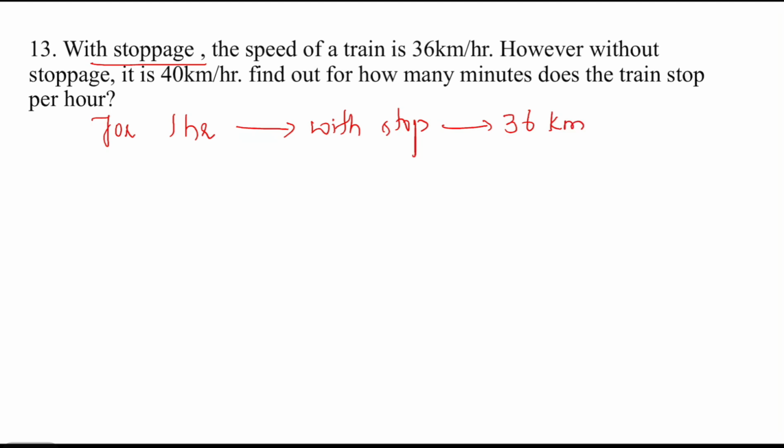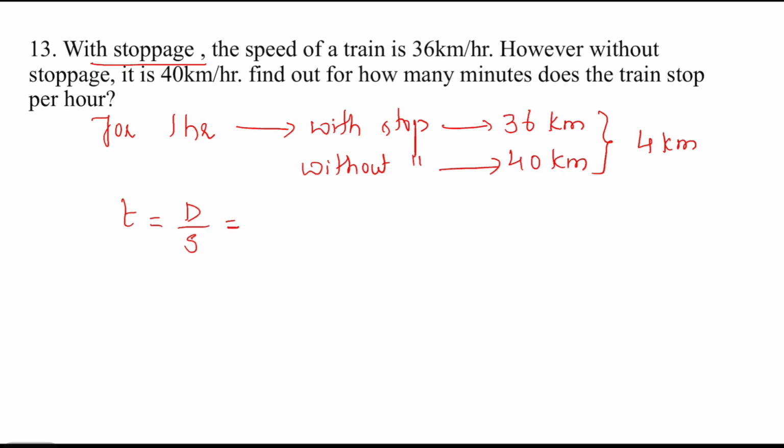However, without stop, how much is it covering? 40 km per hour. So it is covering 40 km. So how much is wasted in 1 hour? 4 km is wasted, isn't it, because of stoppage. Therefore, the time taken is equal to distance upon speed.